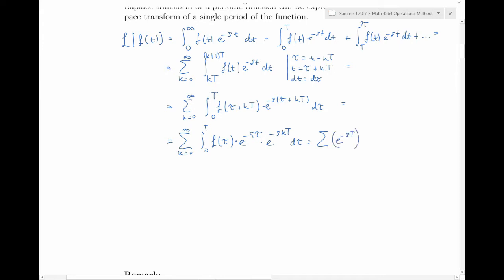And I write the exponential e to the minus skT as e to the minus sT to the power k.